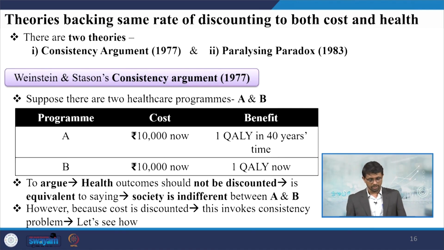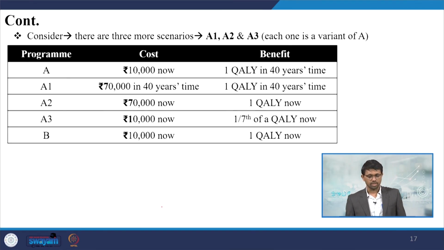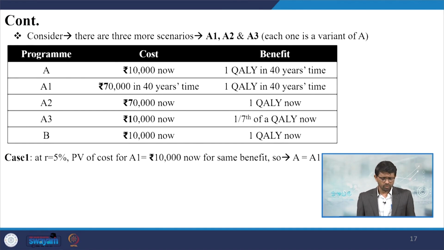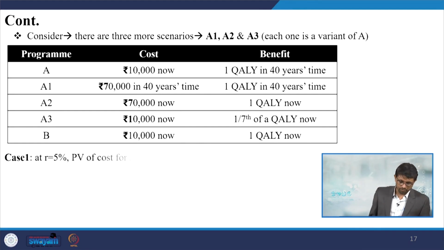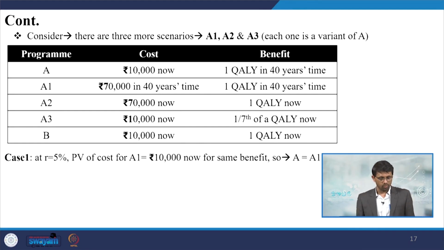So, I will see given this example, we will just find out so far as consistency problems are concerned. There are three more scenarios coming or derived out of this case A and B. One by one, with a certain discounting rate, you can just see. In the first case we are actually referring to A1 with a 5% discounting rate.